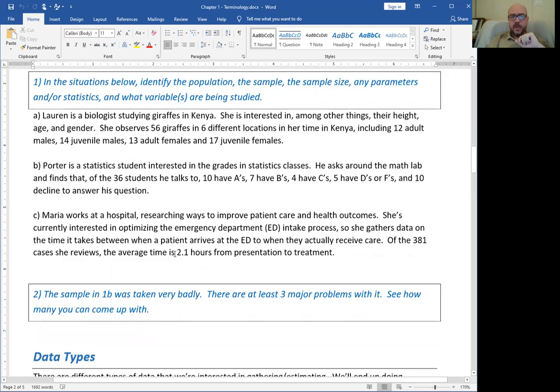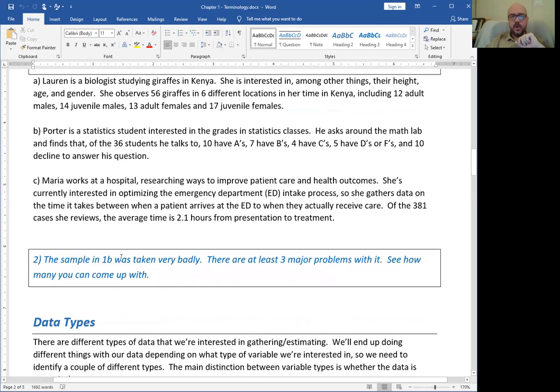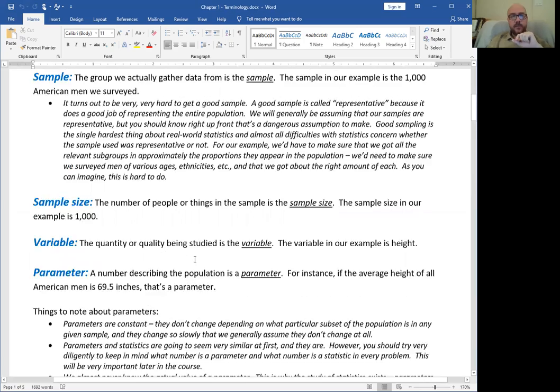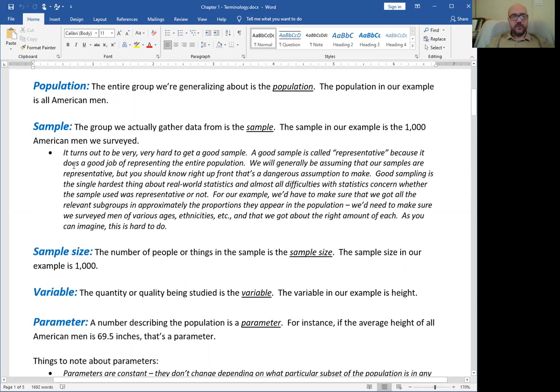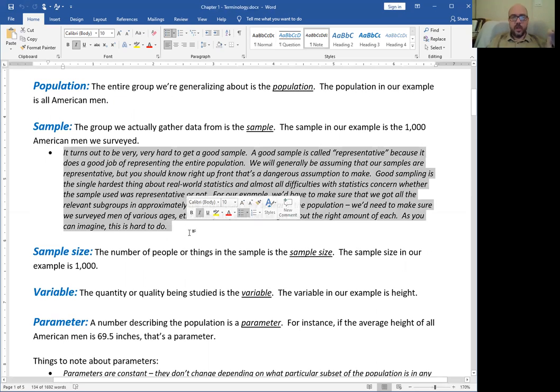Okay, so I want to talk about a few things that went wrong in 1B. We're not going to spend too much time on this because the focus of our class is analysis of data rather than gathering good data. Now, as it turns out, let me jump back up here for a second and say that this paragraph right here is super, super important in the study of statistics in general, and we are going to ignore it entirely.